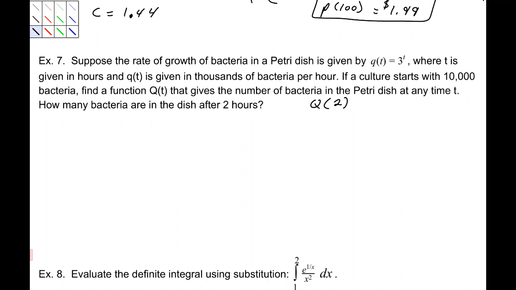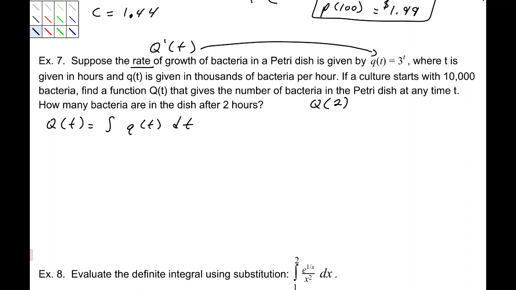All right, so cap Q of t is equal to the integral of lowercase q prime of t, or just q, actually, because q of t is the rate of growth. So in effect, this is q prime of t. If we integrate that, that will give us the cap Q of t, which tells the number of bacteria.